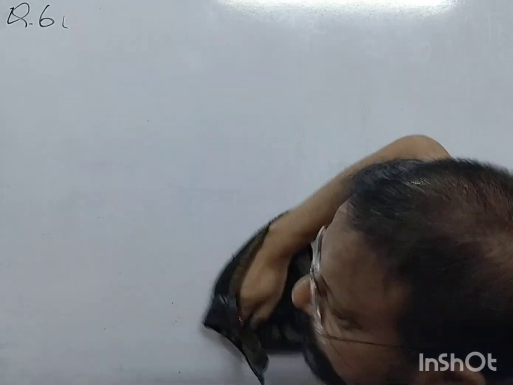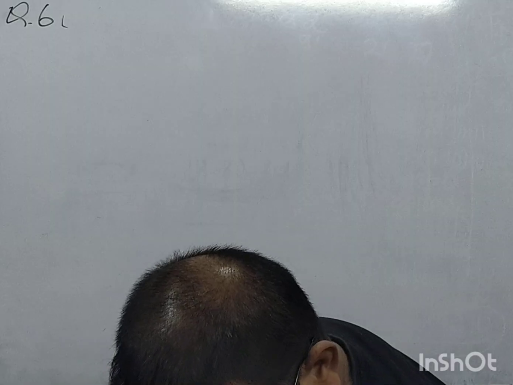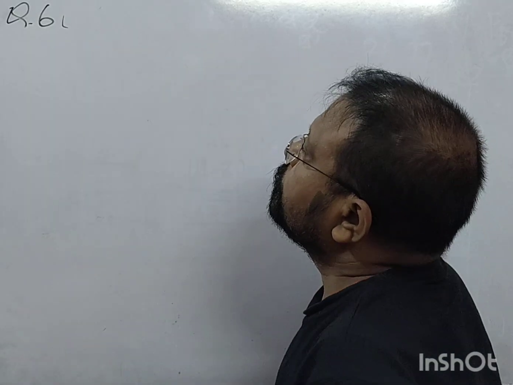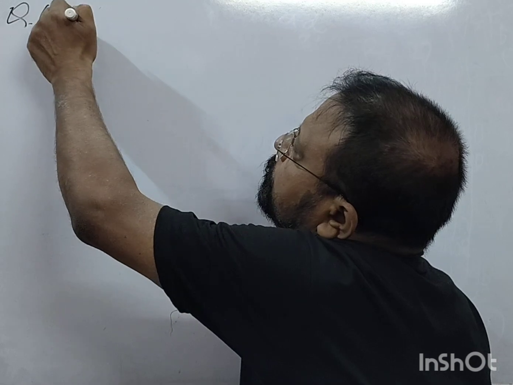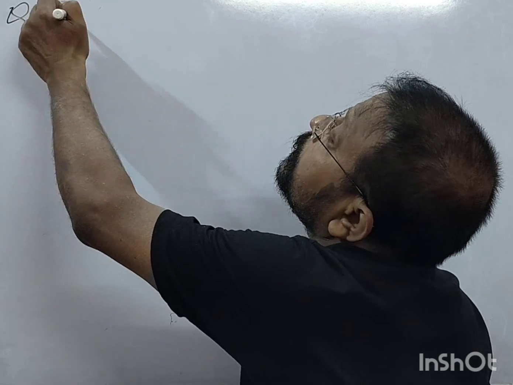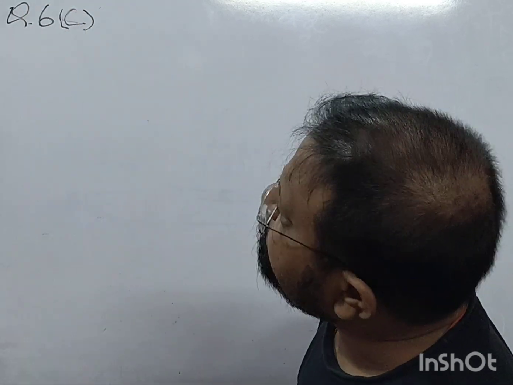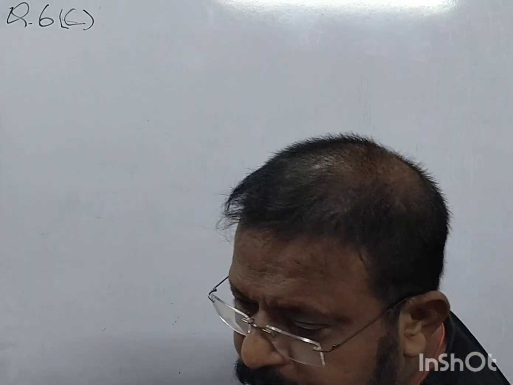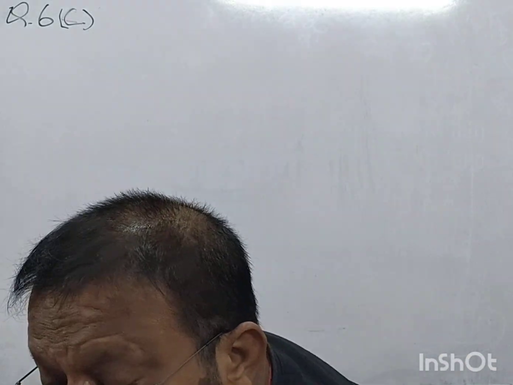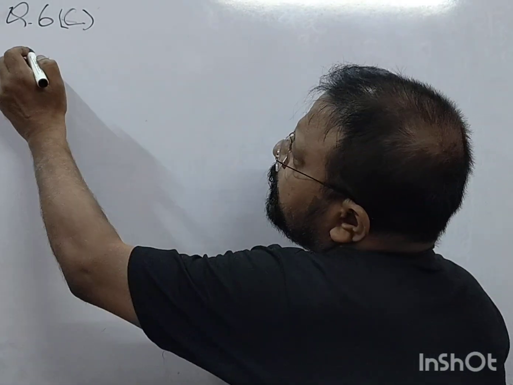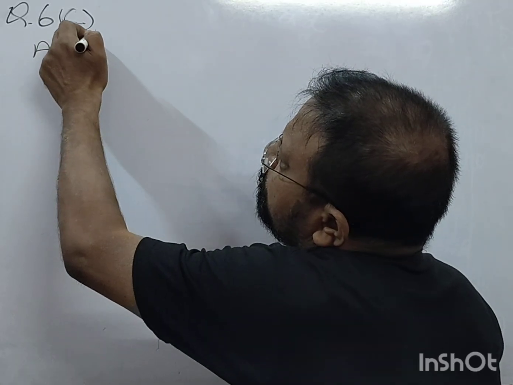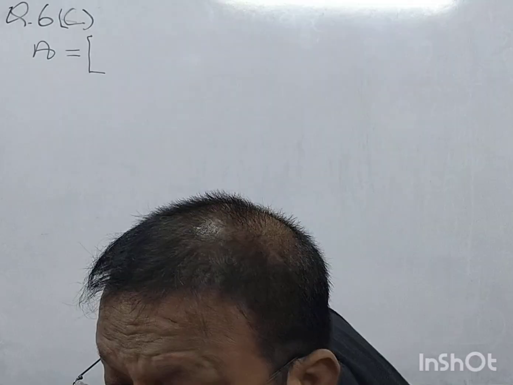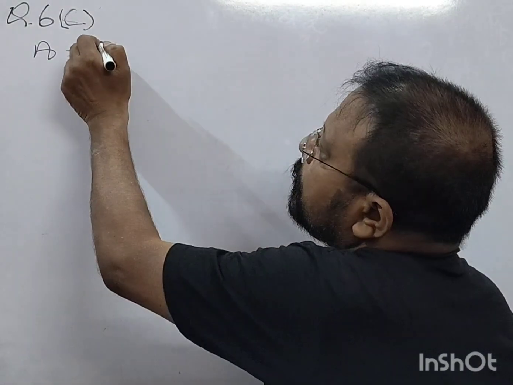Now come to C. In C part, it is saying there is a matrix. Read the matrix. Matrix A is minus 1, 3, 2, 0.